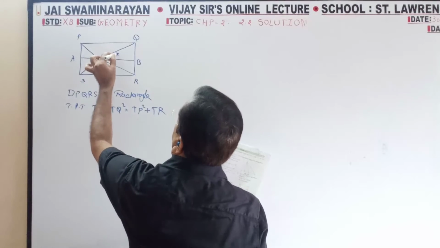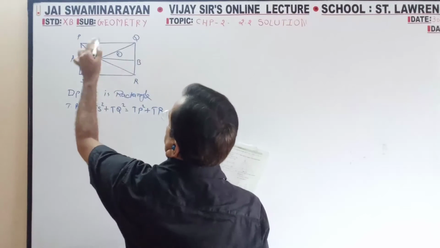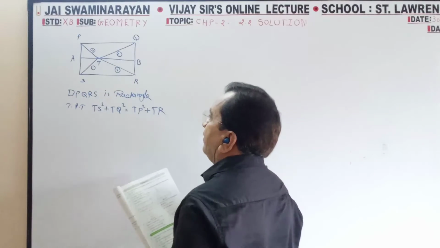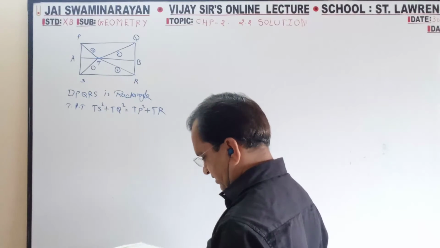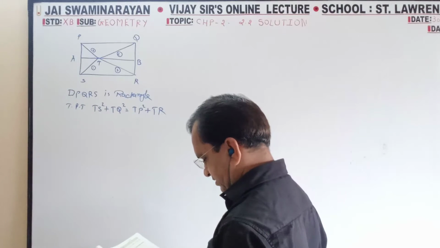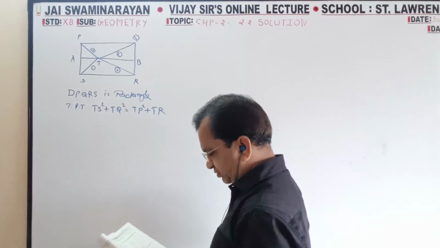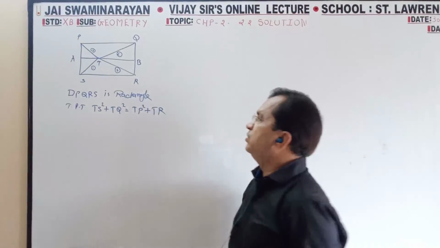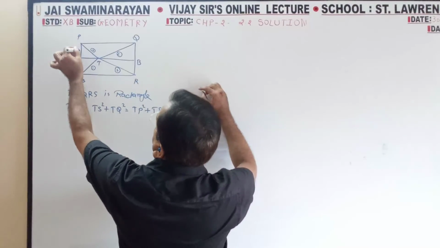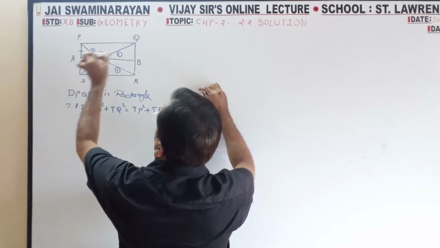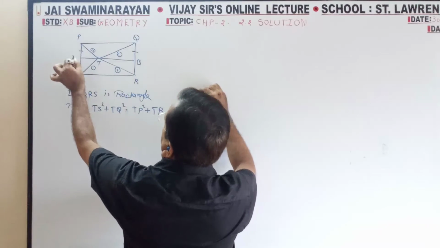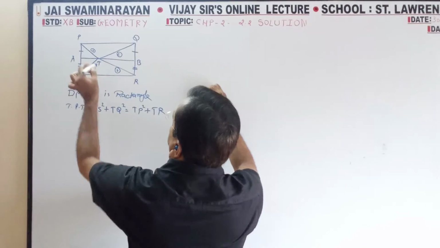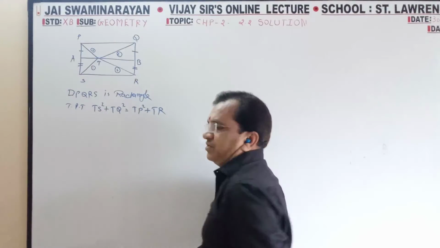So 1 plus 2 is equal to 3 plus 4. And all three are parallel, so this is equal to this and this is equal to this.